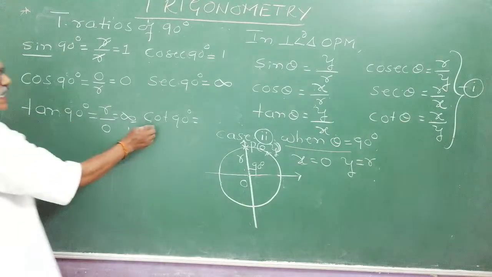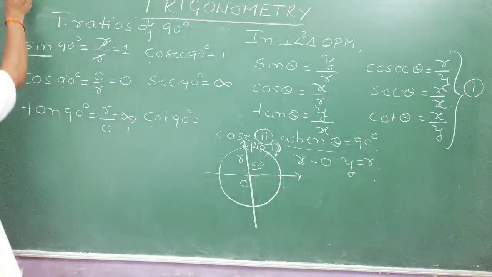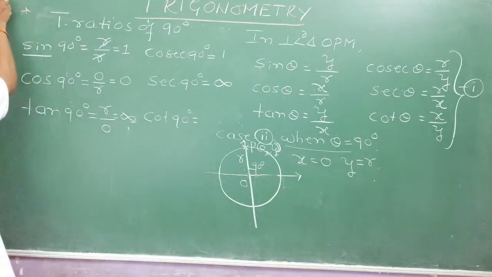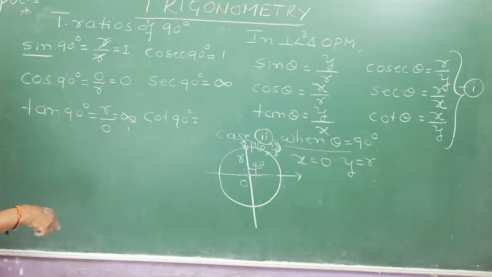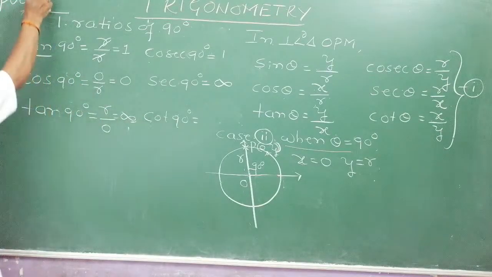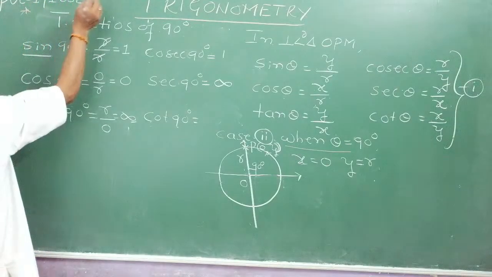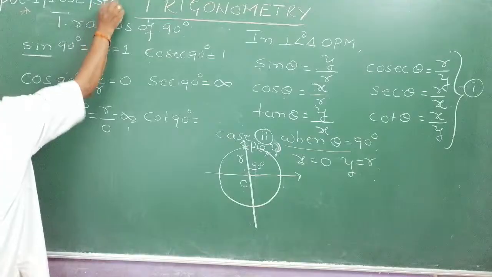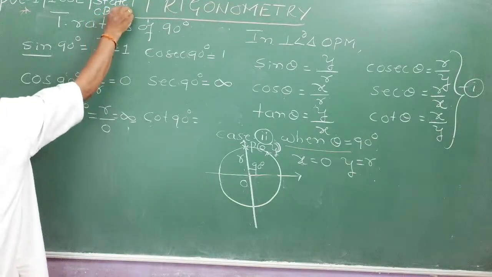Right? Cot 90. Cot 90. I expect PUC 1 students also be there in the same group. It is combined till I complete application of trigonometry. That will be useful for ICSE, for state, CBSE. Trigonometry is the same. Therefore, I have combined all of them.